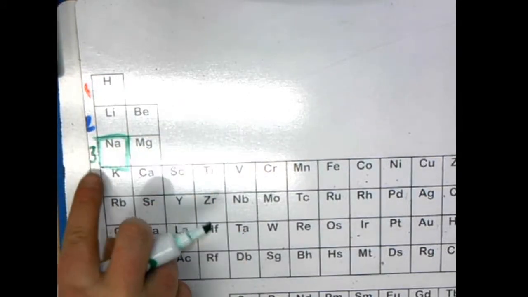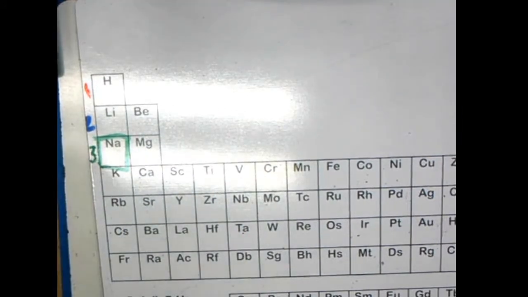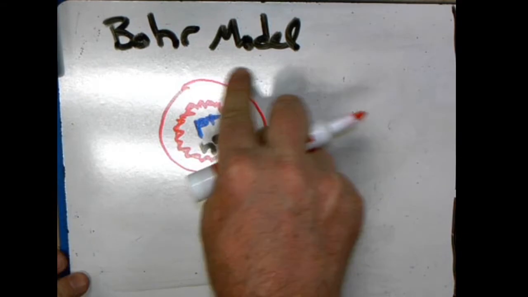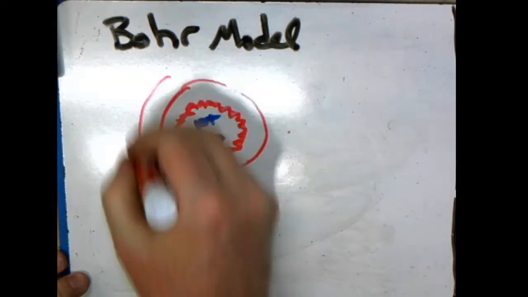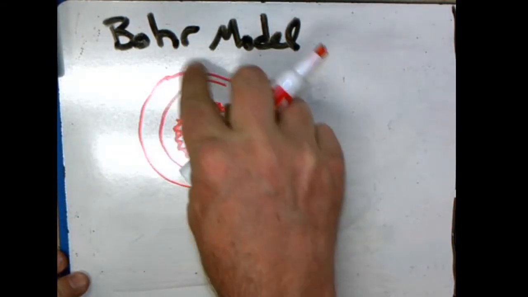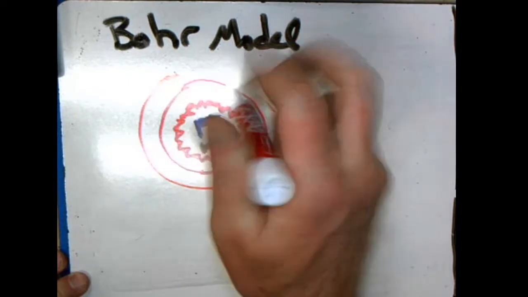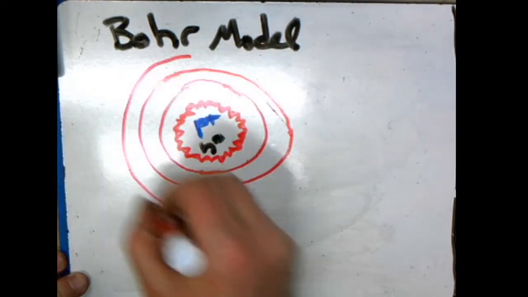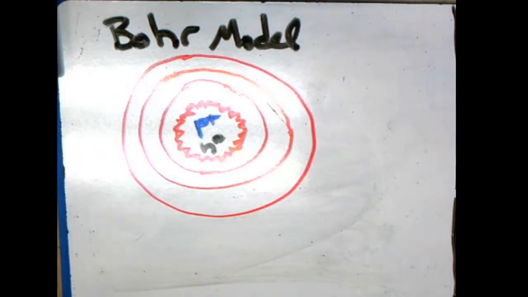Sodium is in the third row, so sodium will have 3 rings. So we got the first one here, 1, 2, 3. Those are 3 rings for sodium.